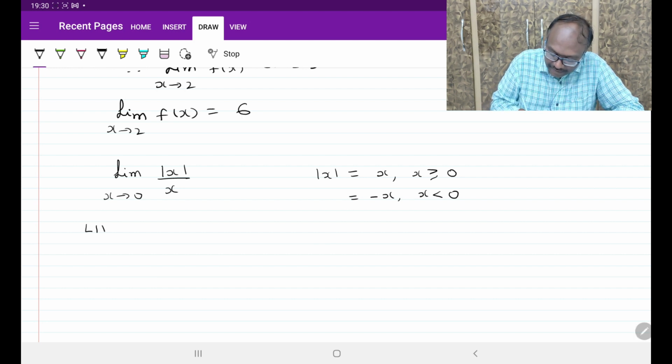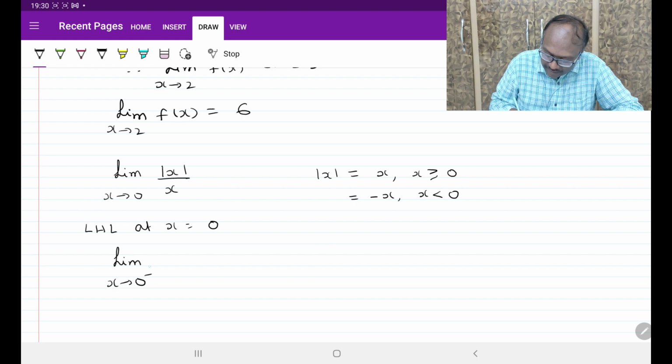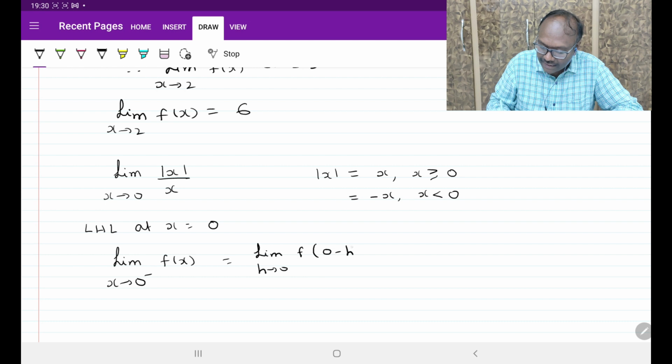So LHL at x equal to 0 is limit x tends to 0 minus f of x, which is equal to limit h tends to 0, we write f of 0 minus h. So x is taking a value slightly less than 0, so we have to subtract a small positive value from 0, so it is 0 minus h.